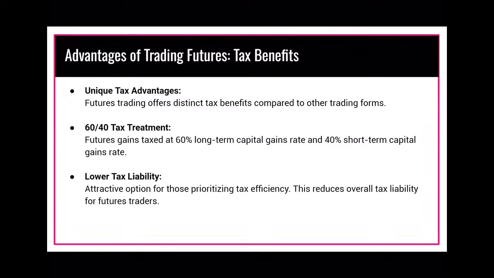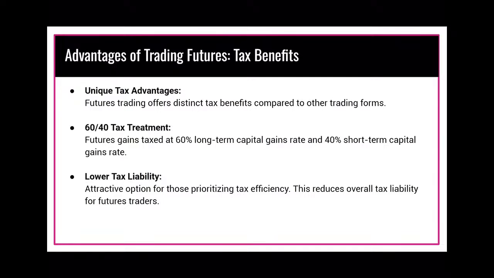Now, for the tax benefits associated with futures trading. Futures trading offers unique tax advantages compared to other forms of trading. Profits and losses in futures trading are often taxed at a more favorable rate known as the 60/40 tax treatment.